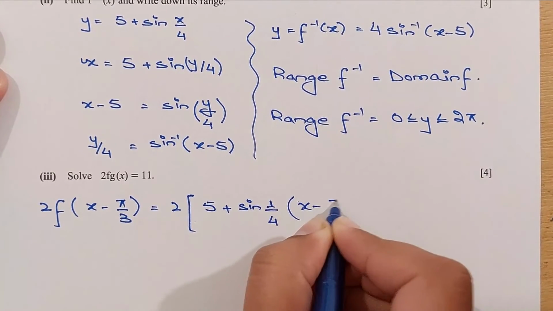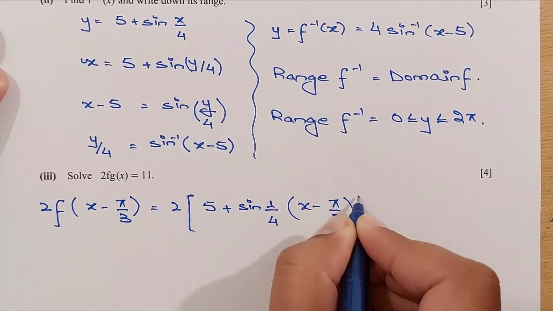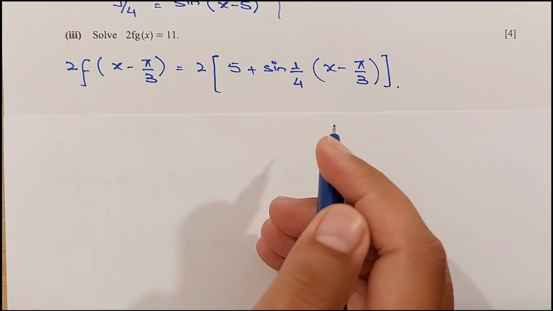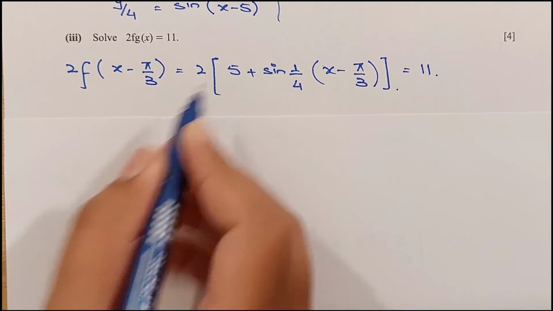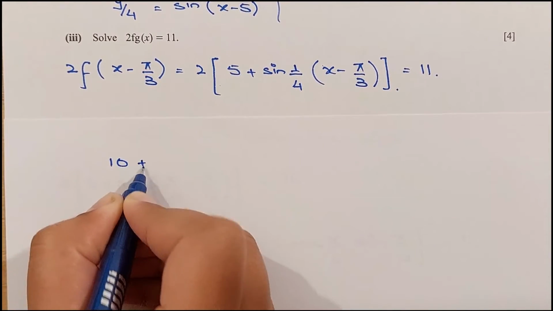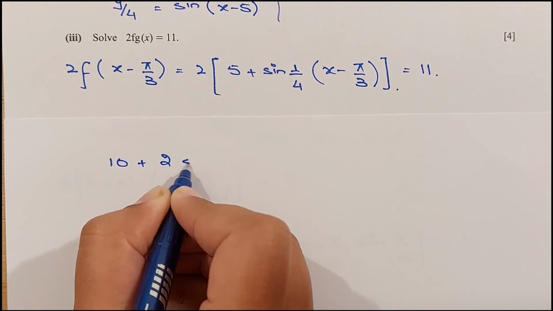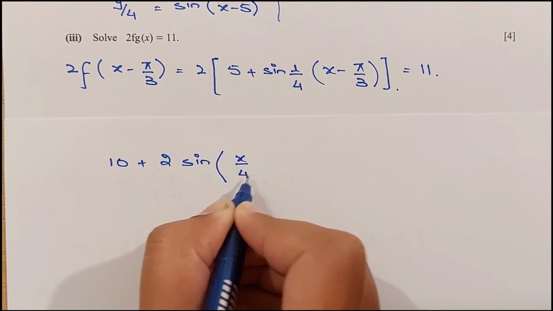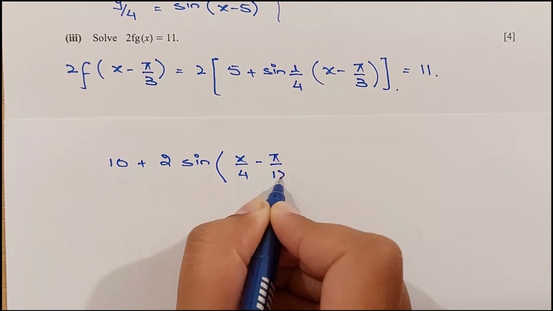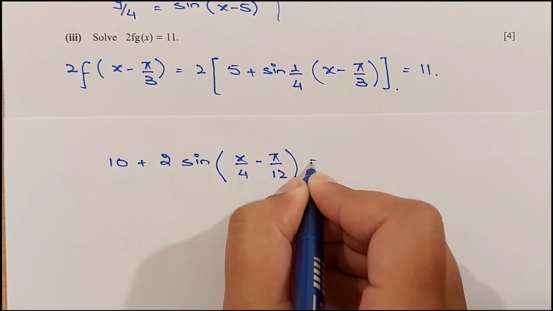So this is x minus pi by 3, right? Right, now we have to put this as equal to 11, right? So 2 times 5 is 10 plus 2 sine of x by 4 minus pi by 12 is equal to 11.